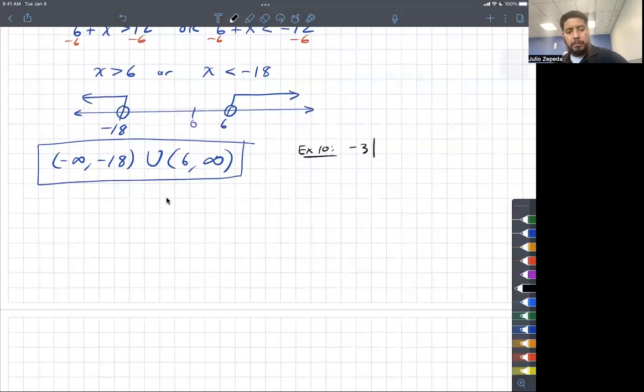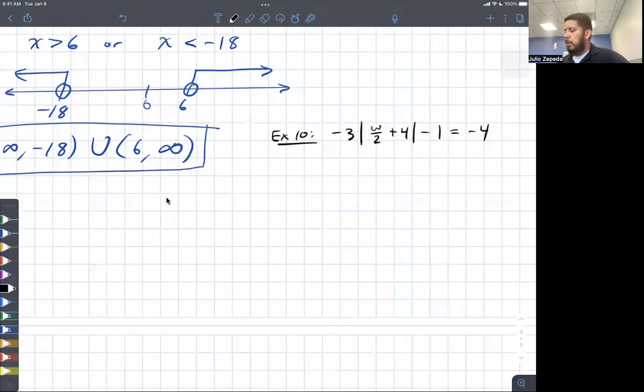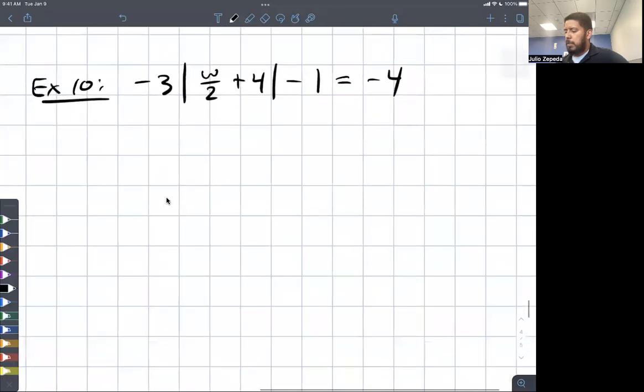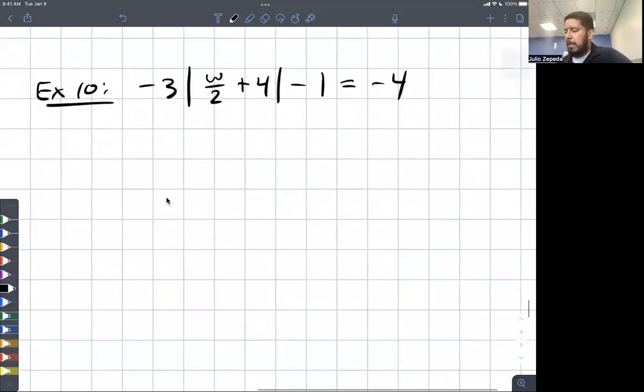Negative 3 times the absolute value of w over 2 plus 4, minus 1, is equal to negative 4. So this is going to require rule number 1 because it's an absolute value equation, right? It's got an equal sign. And so we first need to isolate the absolute value.